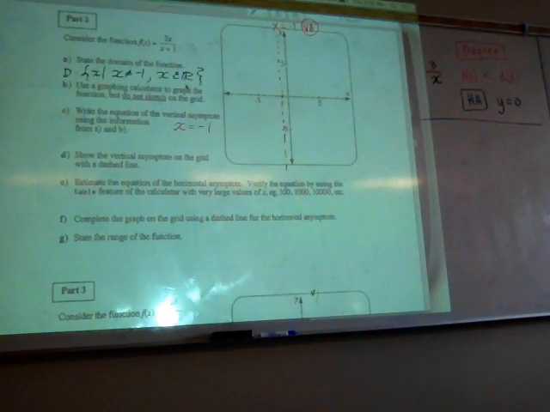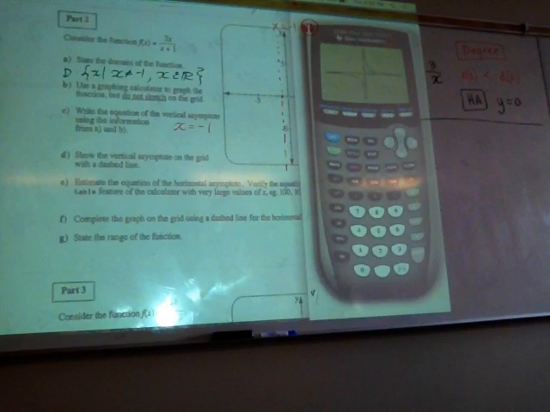So now let's graph it and get the general shape of the graph. So 2x divided by, in brackets, x plus 1. Okay, there we have it.